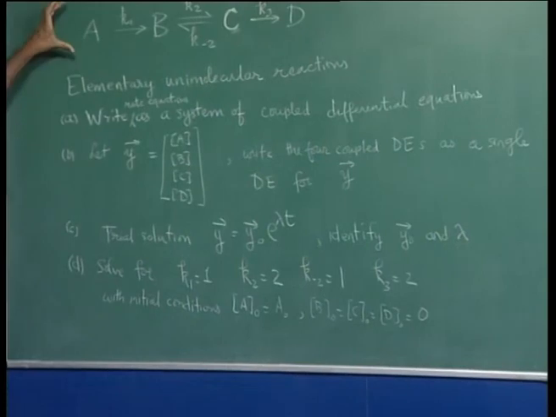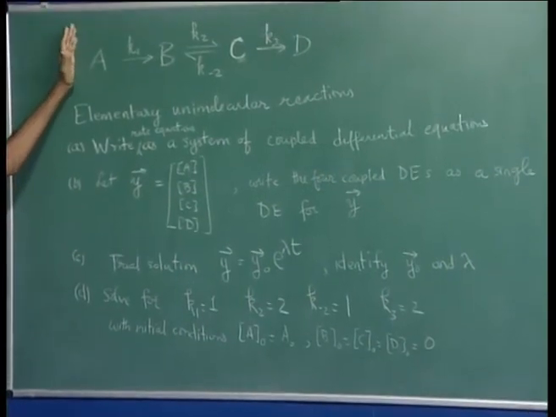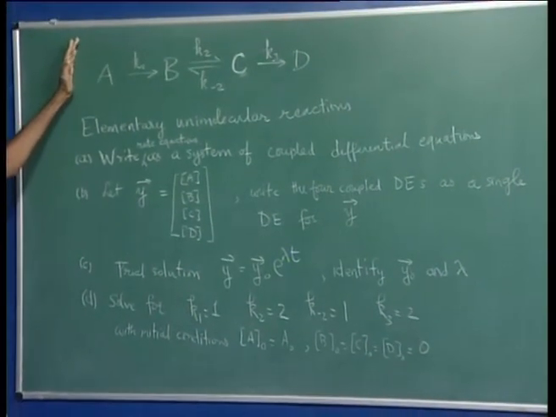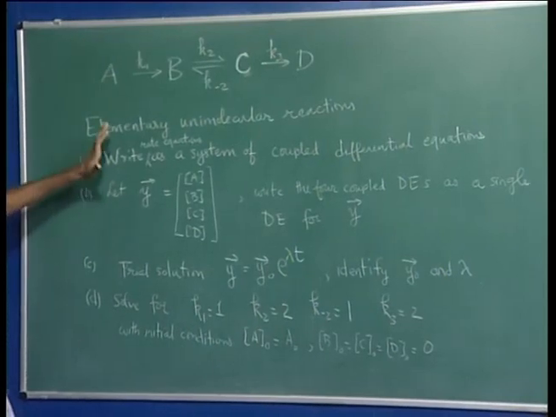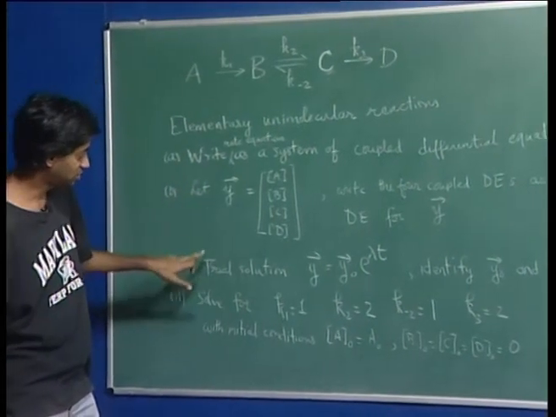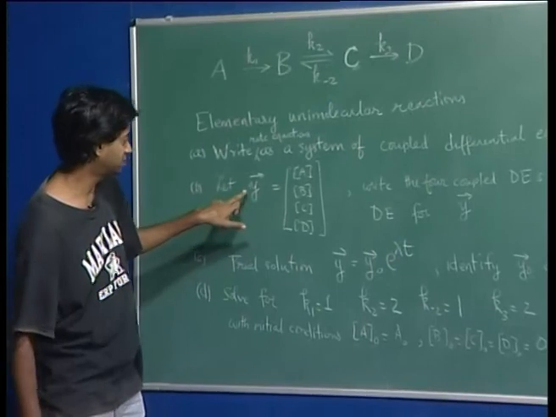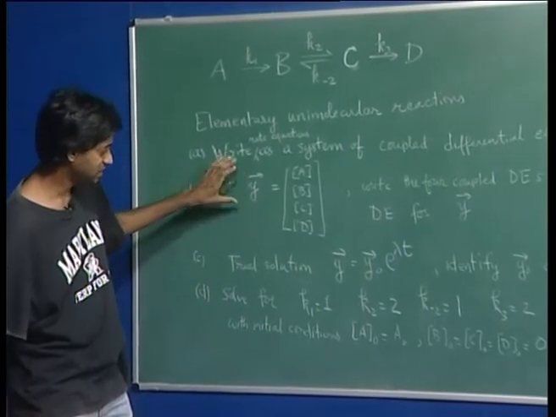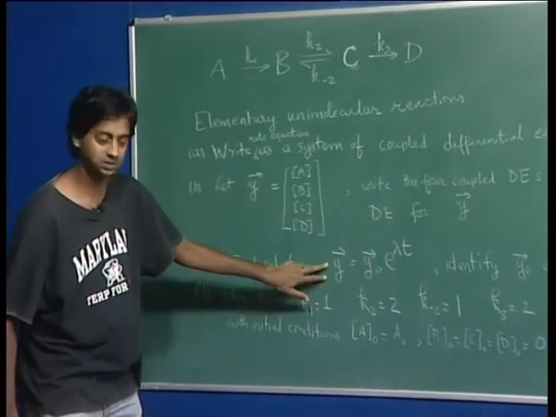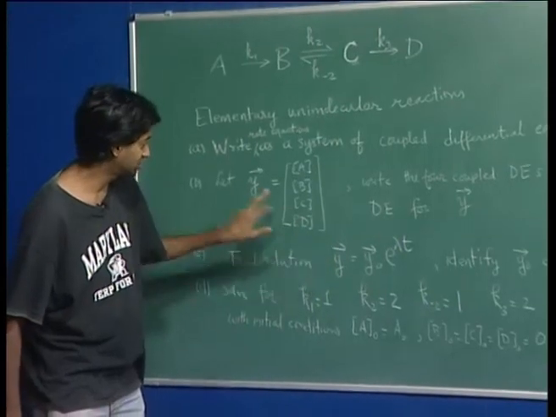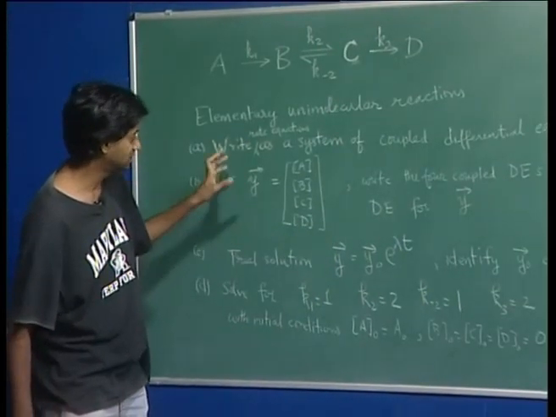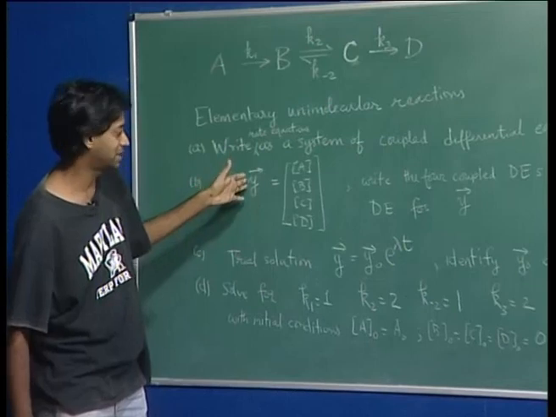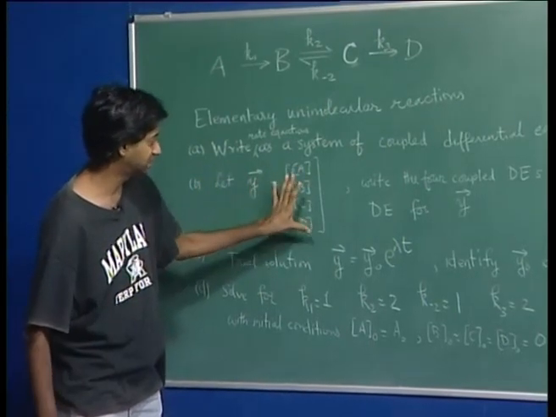So, in this problem we have gone from these coupled kinetic equations, and we wrote it in the form of a matrix equation, an equation for a vector. Then we used this trial solution, because we could write it as d by dt of y equal to a matrix times y.